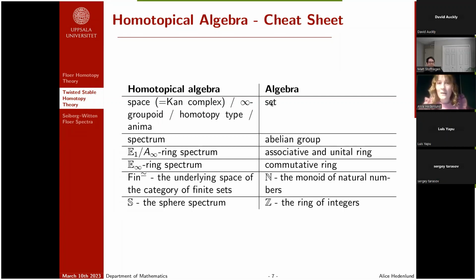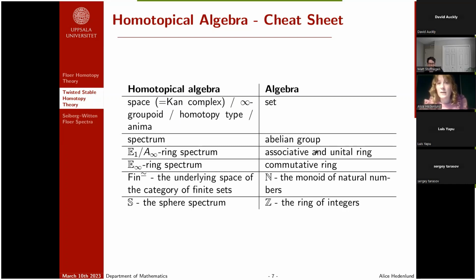But yeah. If you have a space, you typically want some extra structure on it. The easiest thing you can do is put some group structure on it. So you have these abelian groups, and on the side of homotopical algebra, these abelian groups are supposed to correspond to these objects called spectra that I will introduce fairly soon.